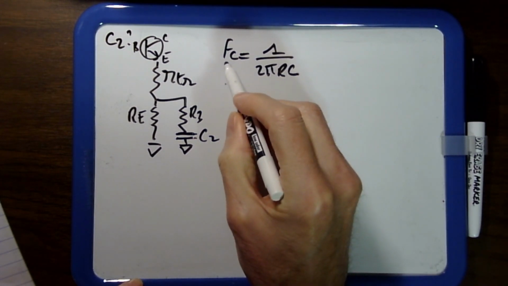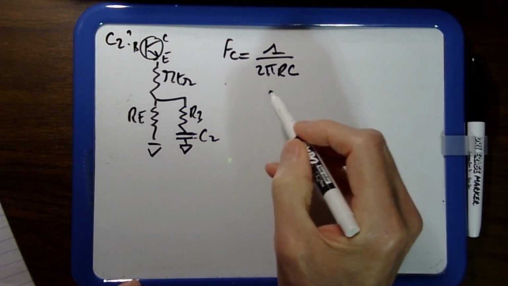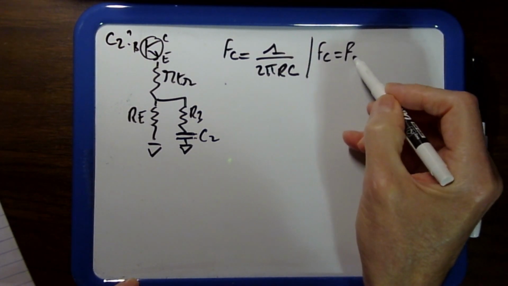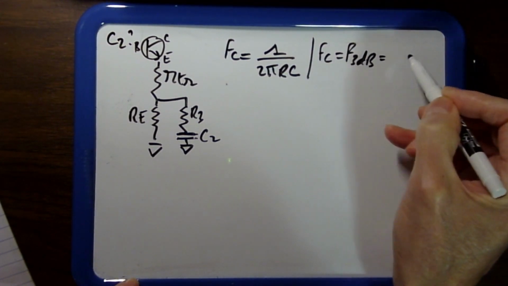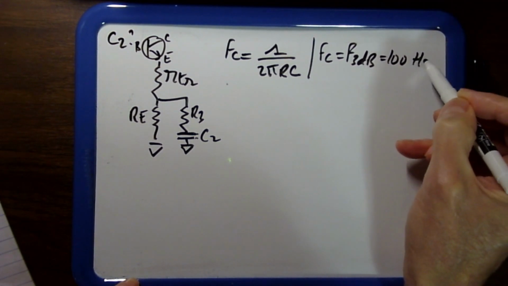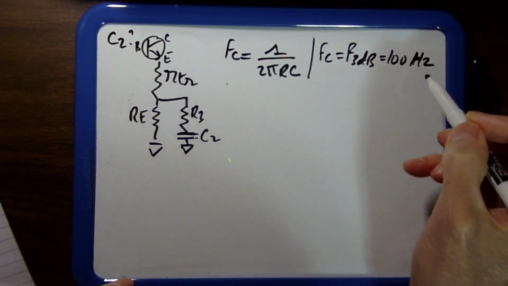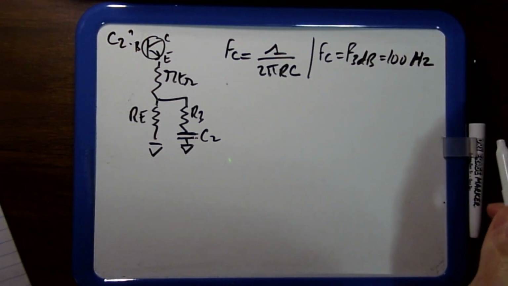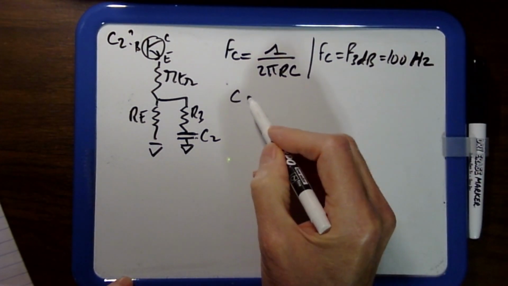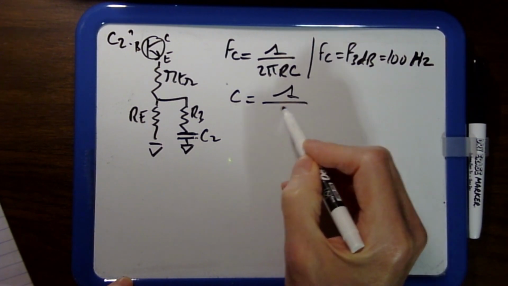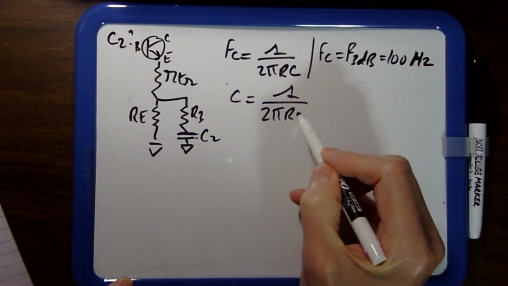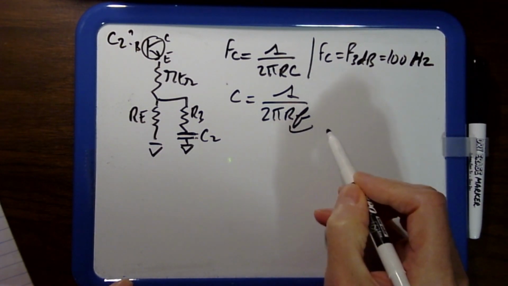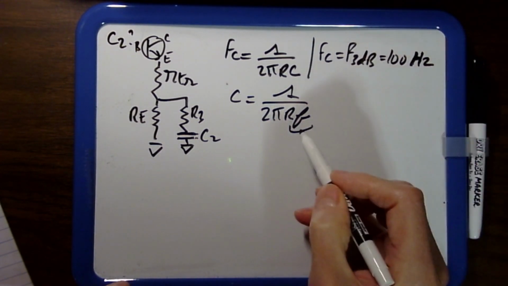So this is the cutoff frequency or corner frequency. So ours is going to be Fc equal F3 dB equal 100 Hertz. So we only pass stuff above 100 Hertz. So C is equal to 1 over 2 pi Rf, where F is the F3 dB at 100 Hertz.